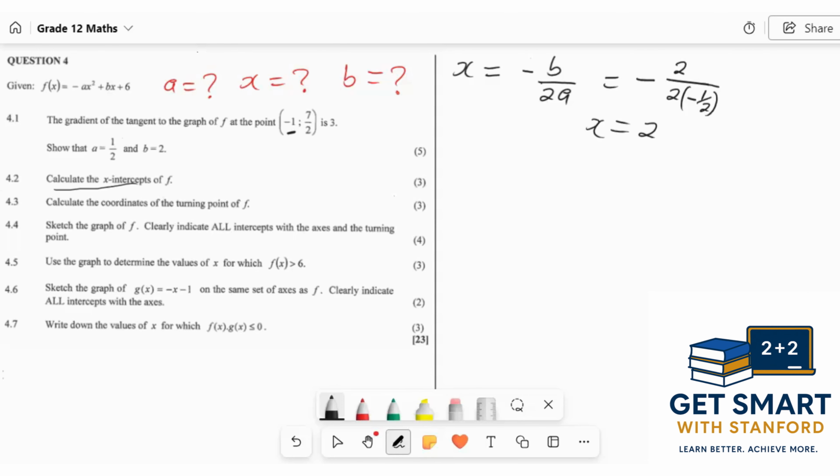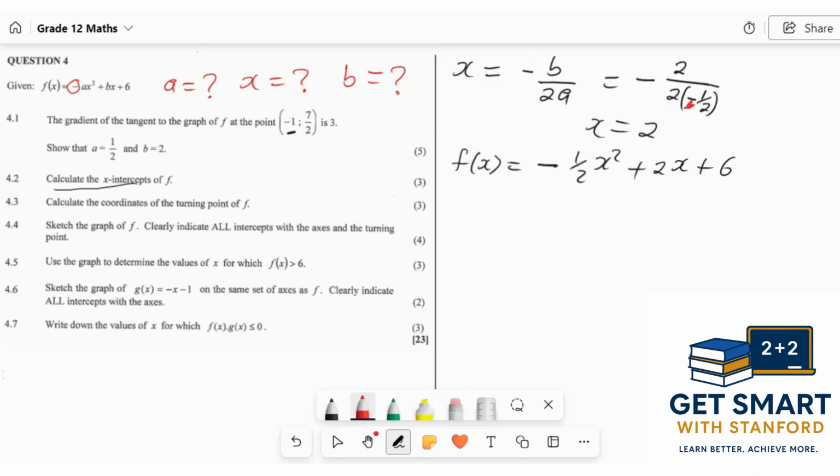The reason is because we said f of x equals minus 1 over 2 x squared plus 2x plus 6. You might be confused by where we got this negative. This is where we got the negative. If you look on your top left now, I've circled the negative in red. So the value of a needs to go together with that sign.